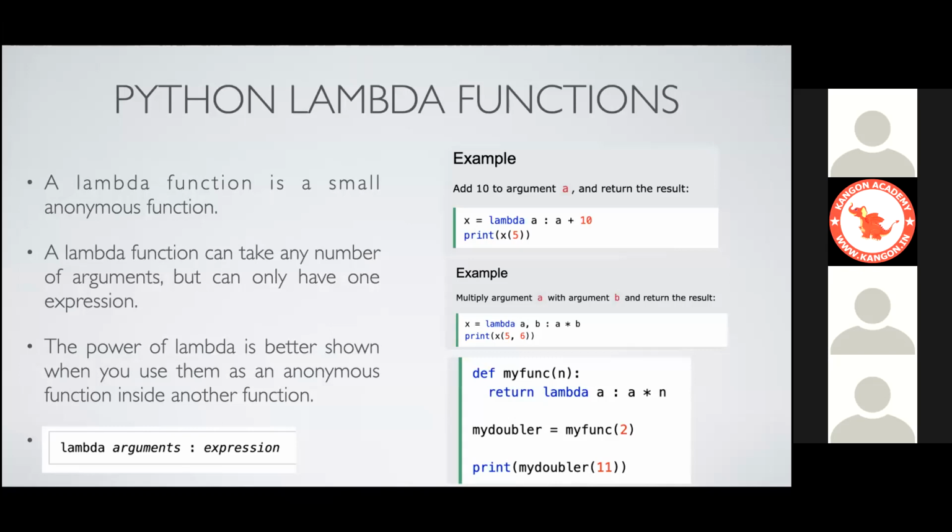Sorry. So why do we need lambda functions? The reason is that lambda function actually helps us to reduce lines of code. There will be some programs where you need to use a lambda function inside a list, and that lambda function will give you the results one by one.